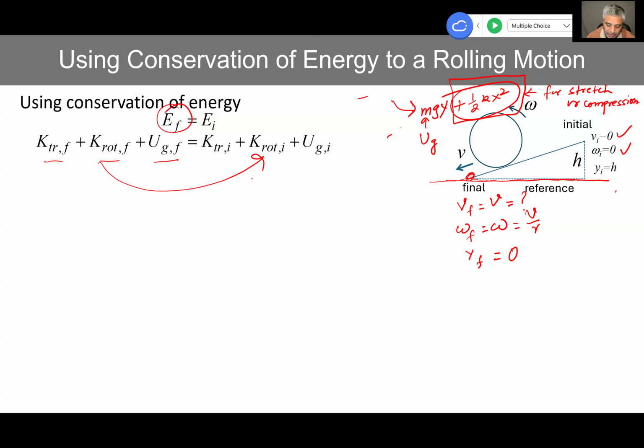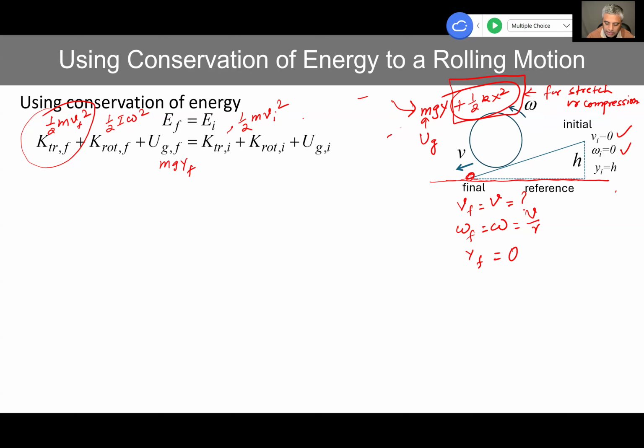Now we can expand them. For example, this is half m v f squared. This is half I omega f squared. And this is m g y f. And this is half, just like that, but with initial subscript, m v i squared.